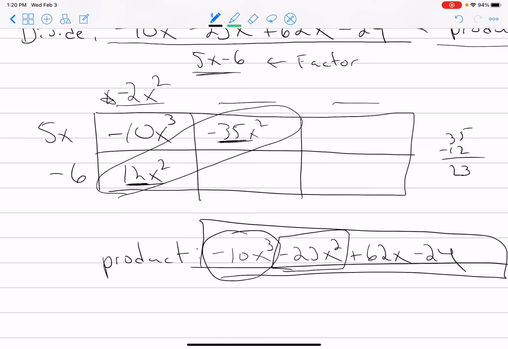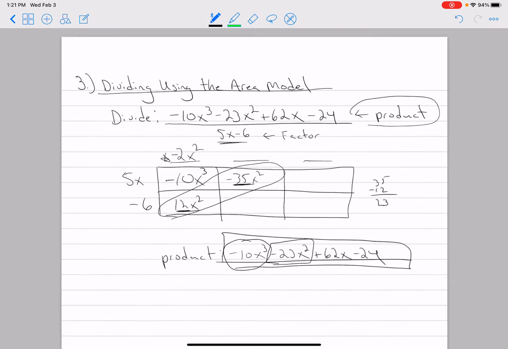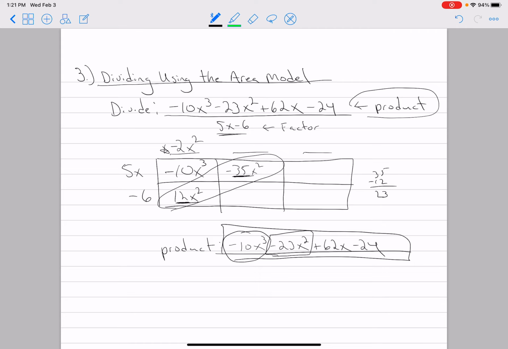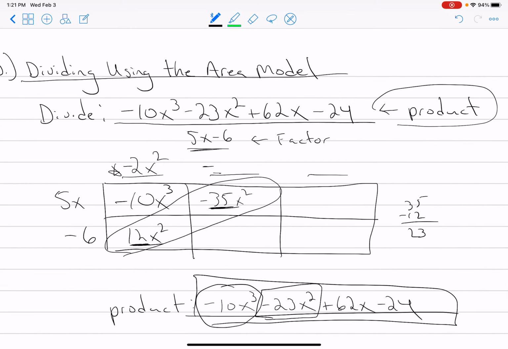Yep. There we go. We got 35x squared right there. All right. So let's see what is next. If this is 35, now I can figure out this spot right here.